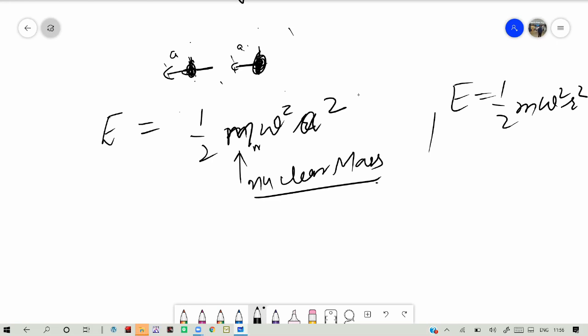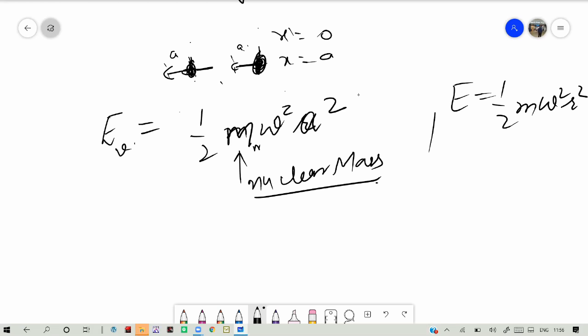Because of vibrations, if the molecule was at an equilibrium distance x equal to 0, it moves now to x equal to a. When you move an object from one point to another point, it stores some energy in it. That is a potential energy. So that energy is given by 1/2 m n omega square a square, and it is E vibrational actually, because it is because of the vibrations of the molecule.